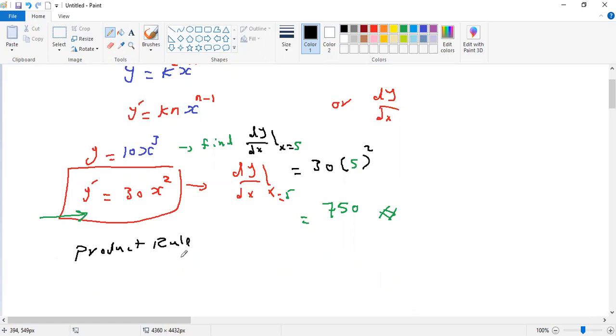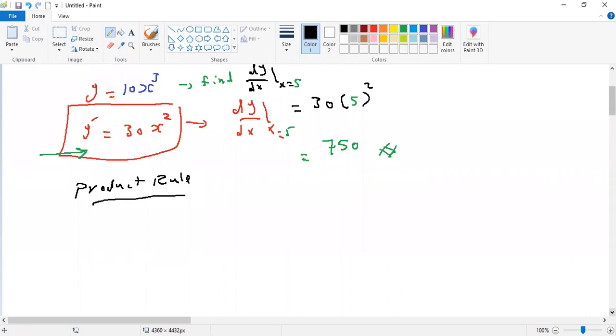If y equals u times v, where u is a function of x multiplied by v, a function of x, then y prime, dy/dx, equals u, written the same, times the derivative of v, plus v, written the same, multiplied by the derivative of u, u prime.